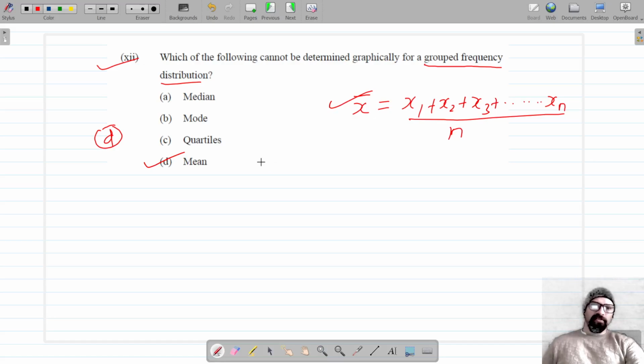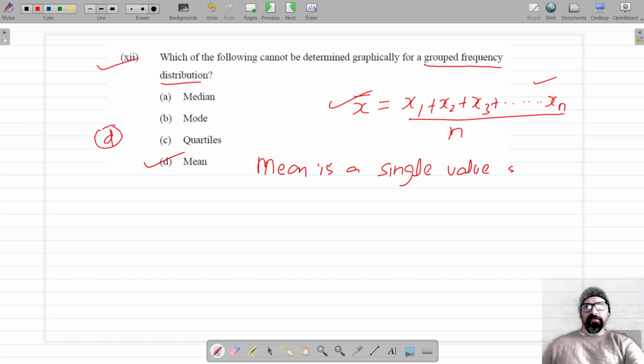Now, as it is a single value, the mean gives us a single value. So mean is a single value and cannot be compared and represented in different values.